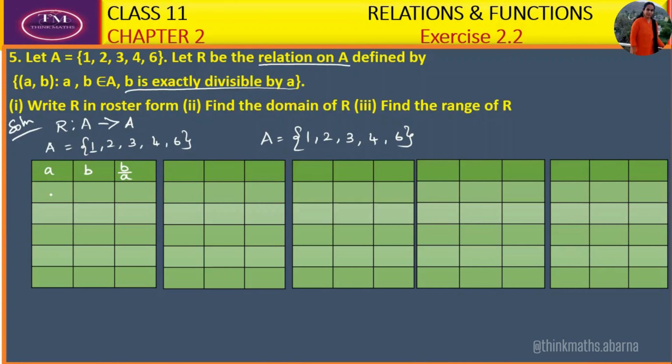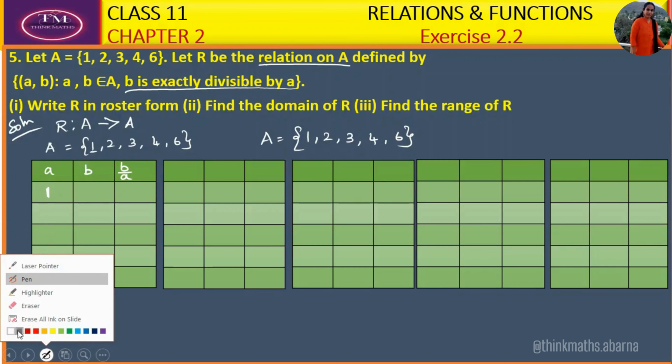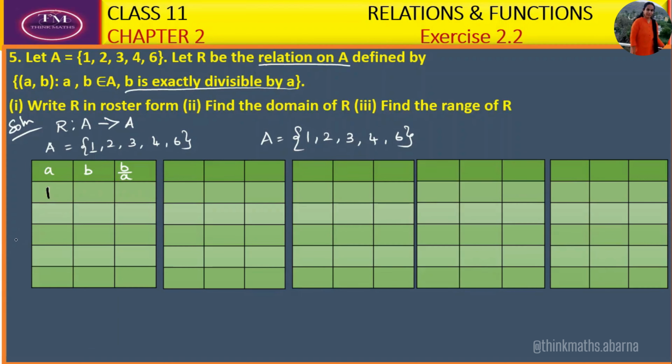We take the first element, which is 1, and pair it with all the elements in the second set: 1, 2, 3, 4, 6.